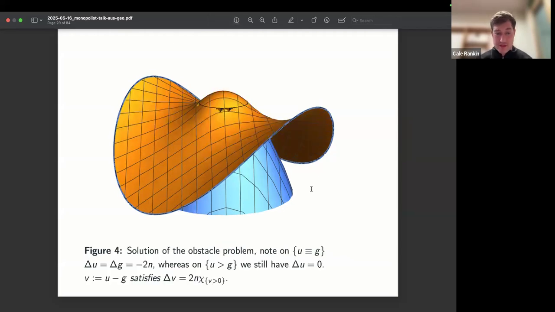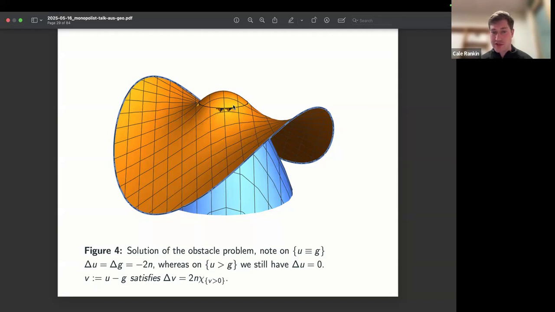So I'm going to obtain something that is equal to the obstacle on some subset of my domain and harmonic elsewhere. Now, where it's equal to the obstacle, it necessarily has the same Laplacian as the obstacle. So in, for example, this example, where my obstacle is a paraboloid and has Laplacian equal to 2n, our minimizer is harmonic where it doesn't touch the obstacle, so it has Laplacian equals 0.